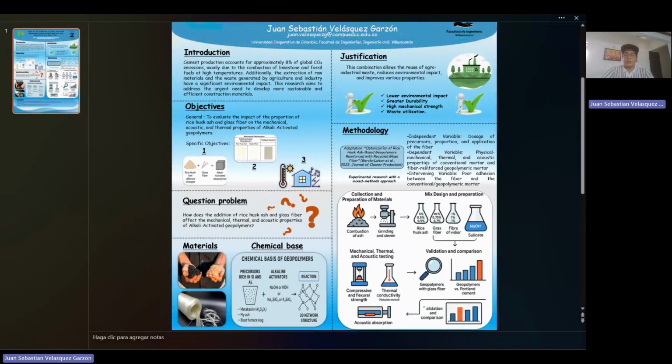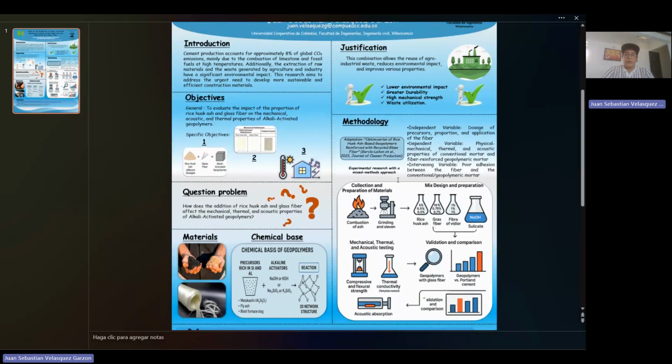Next, methodology. This is an adaptation of the optimization of rice husk ash based geopolymers reinforced with recycled glass fiber, García Leighton, 2023, Journal of Cleaner Production. This project is experimental research with a mixed methods approach.